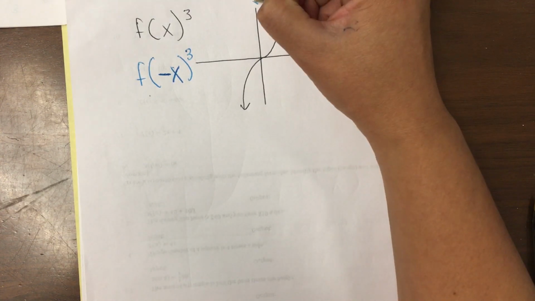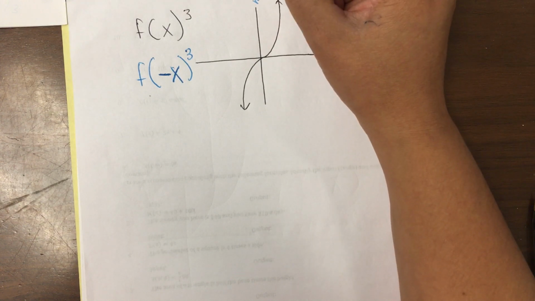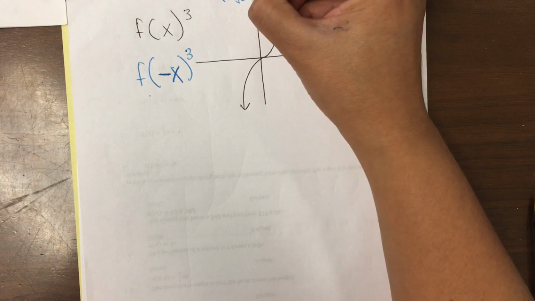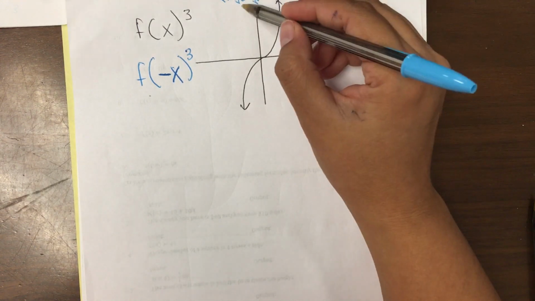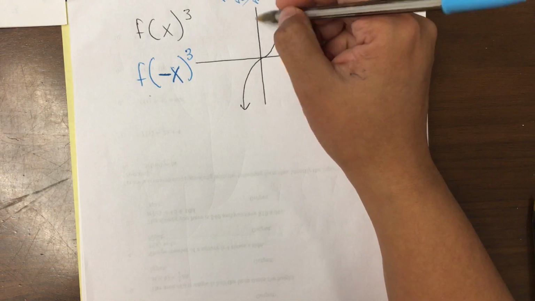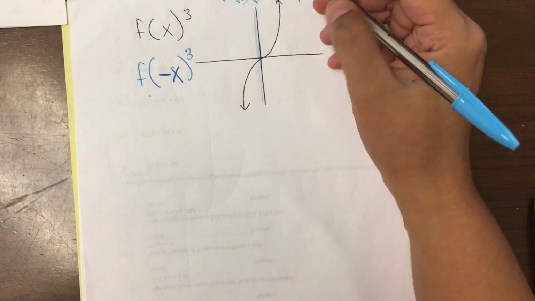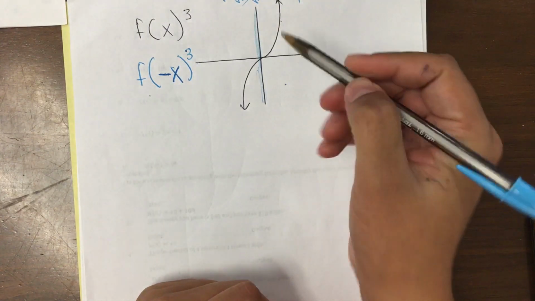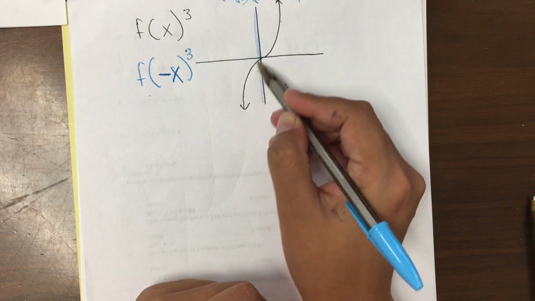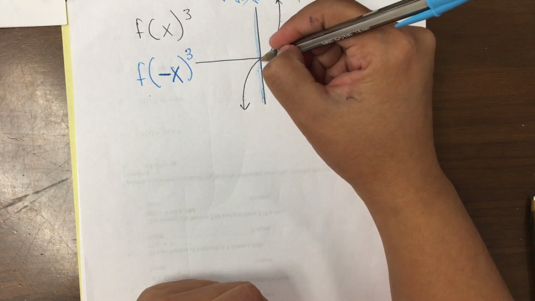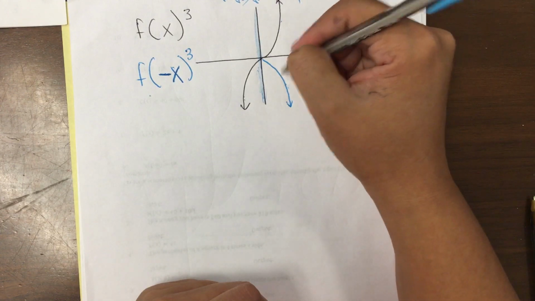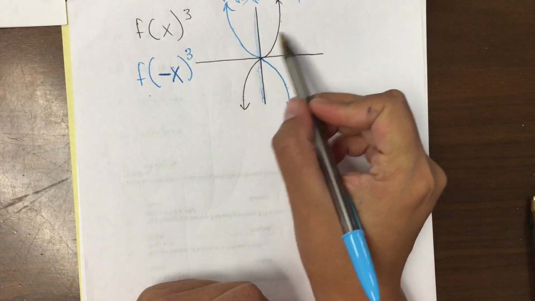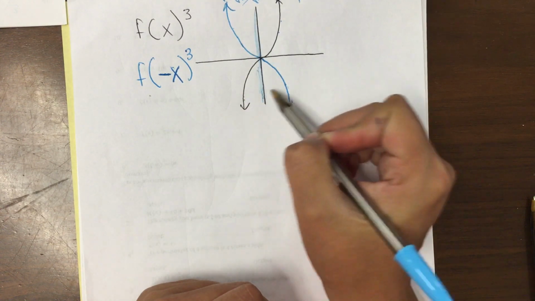My mirror will be my y, or line of reflection. The line of reflection is not going to be x but y. Now you will notice that it doesn't matter for cubes, you're going to end up with the same, because before, when there was no parentheses, this would go down here. Now what's going to go down in here is going to be this one, because my mirror is here, so this reflects on this side. But if you notice, it would be the same reflection here. And then this reflects on the left. So whatever is on the right goes to the left, whatever is on the left goes to the right.